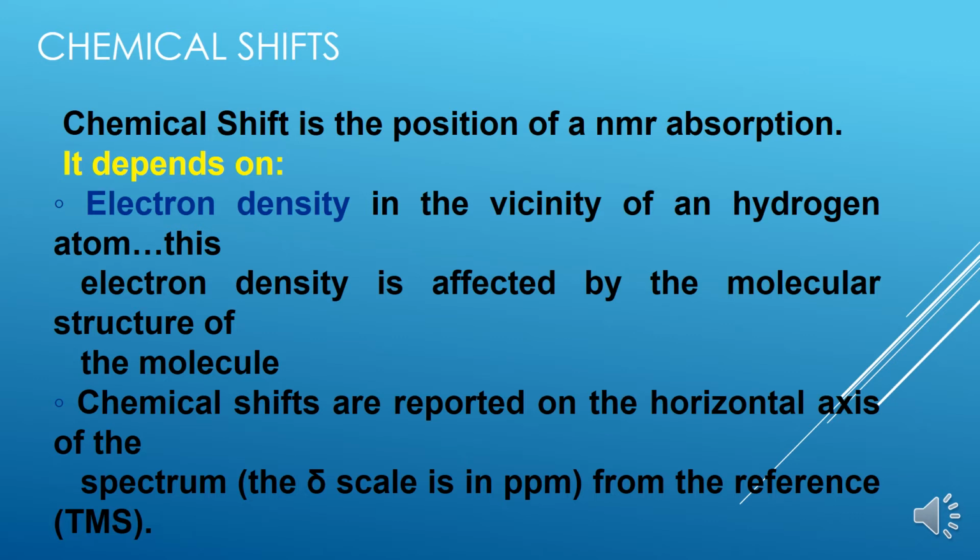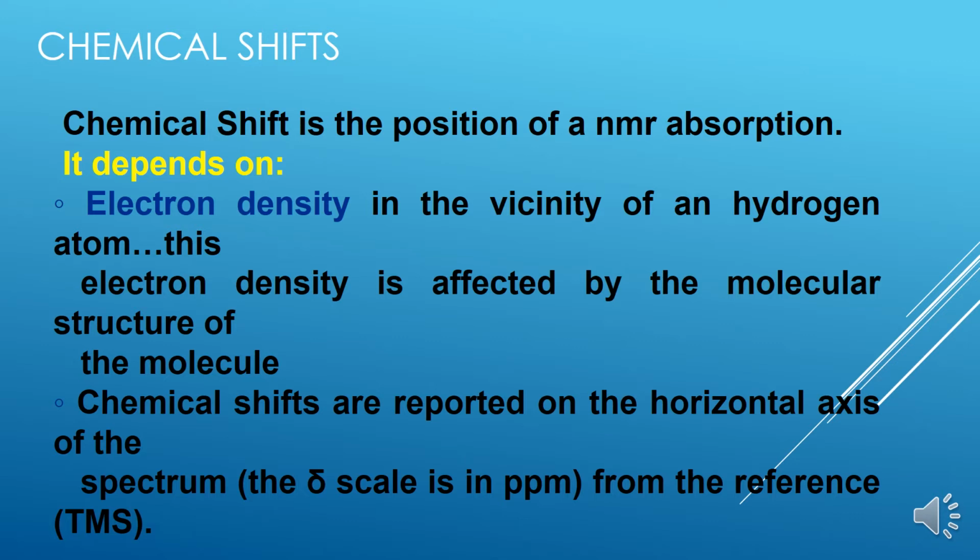At that time we can write either of the definitions: chemical shift is the position of NMR absorptions, or the change in energy needed to flip the protons is called chemical shift. This chemical shift depends on electron density, remember, the electron density in the vicinity of hydrogen atoms. How many electrons?